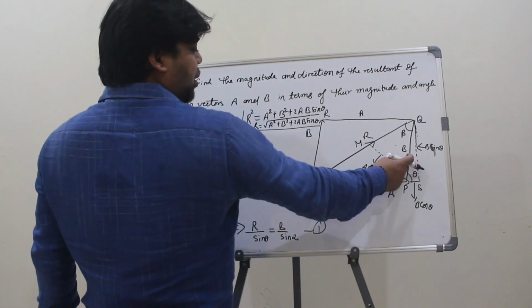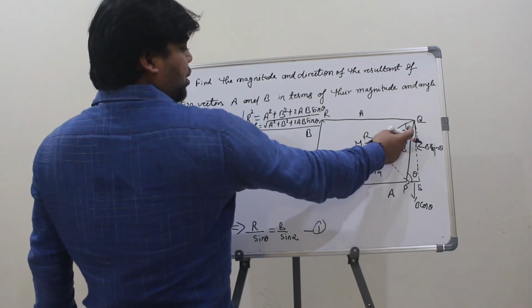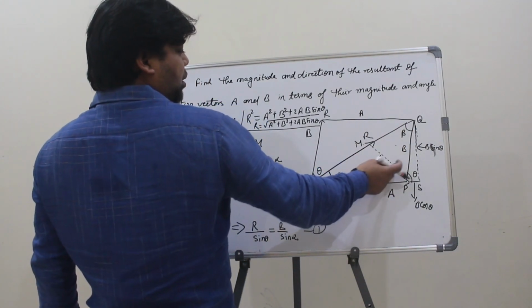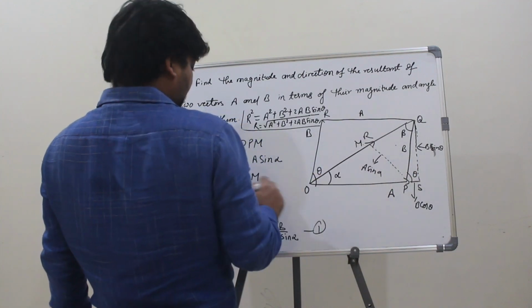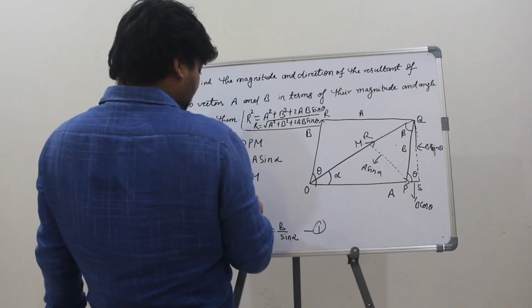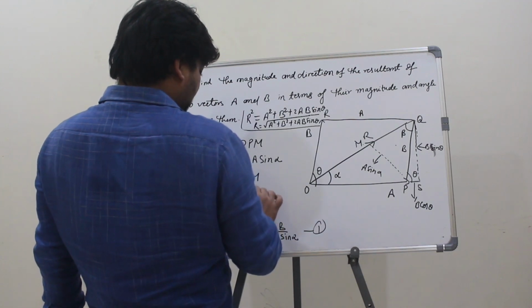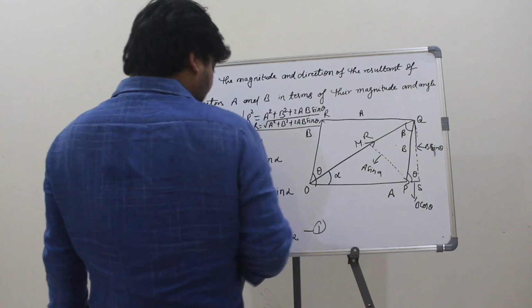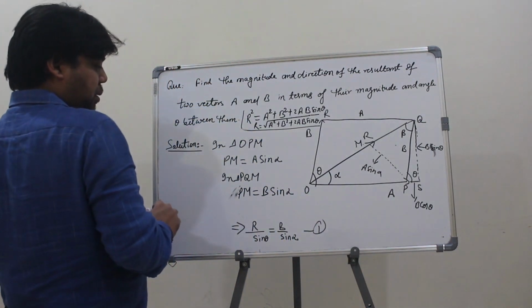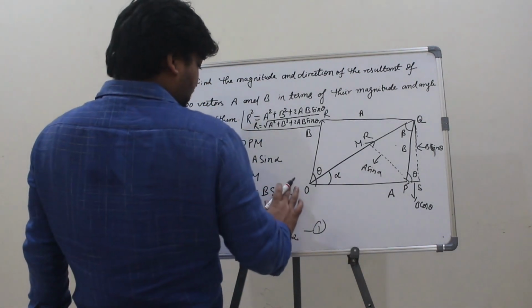This is B, B sin beta is this, and cos beta is this. So PM is B sin beta.